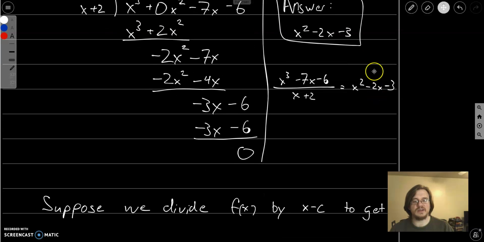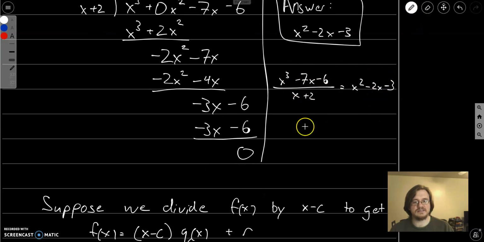Again, another way to write down a fraction like this is to say that x cubed minus 7x minus 6 is equal to x plus 2 times x squared minus 2x minus 3. So one polynomial is equal to two other polynomials.